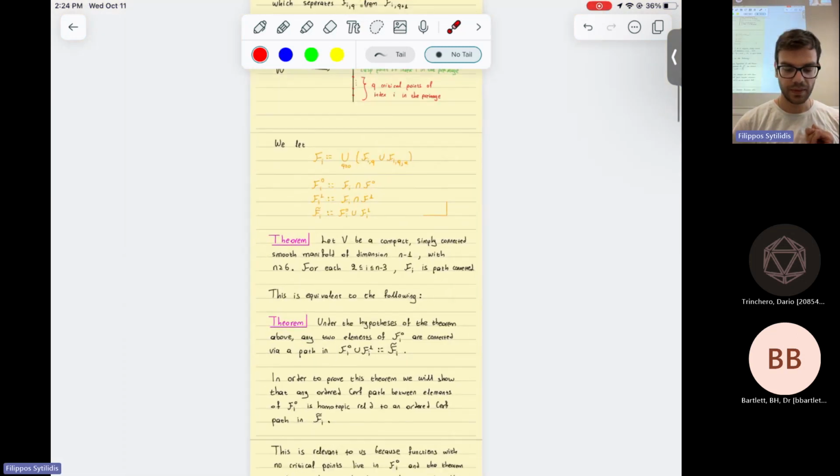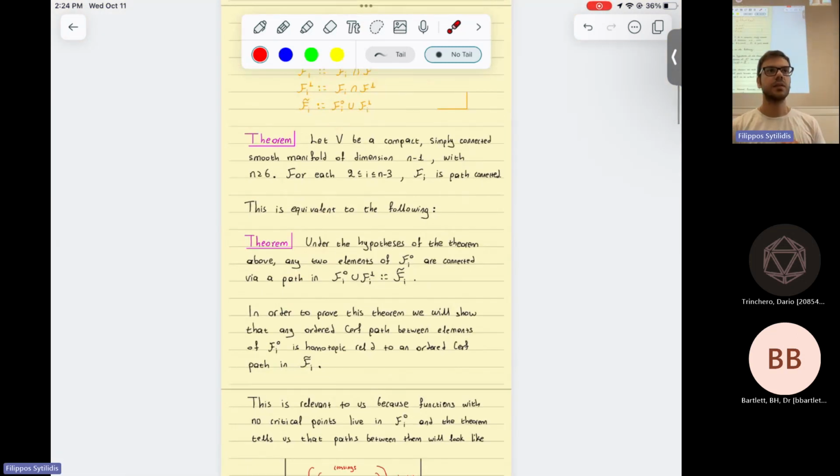Okay, so Fi0, just remind me what that means. So Fi0 consists of excellent Morse functions that, if they have critical points, those are going to be of index I or index I plus 1. And there is going to be exactly the same number of the index I and the index I plus 1.